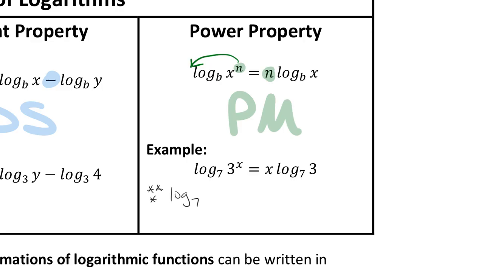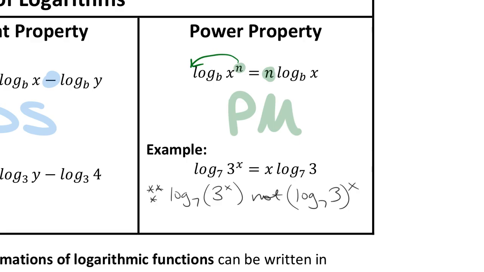Log base 7 of 3 to the x is not the same as log base 7 of 3, all to the x. Do you see how that's different? If you have the second one, that is not the power property. The power property is when specifically the thing inside the logarithm has a power, not when the logarithm itself is raised to a power. Do we see that difference?